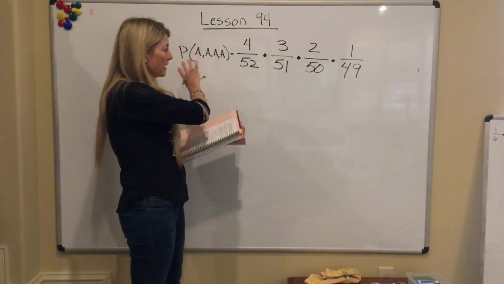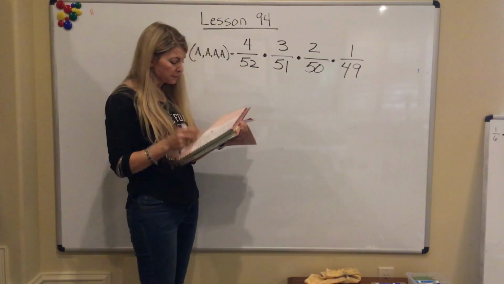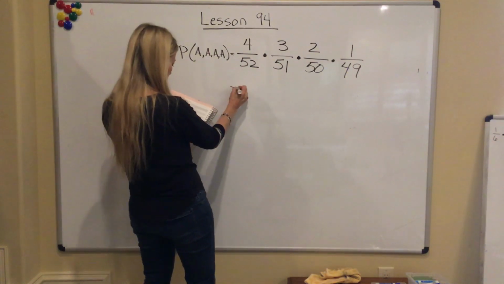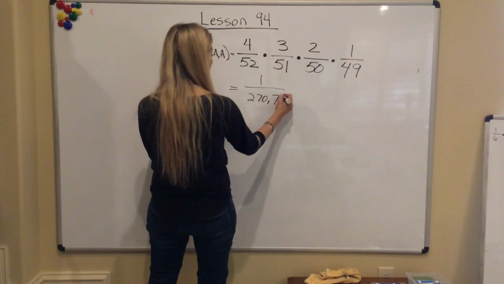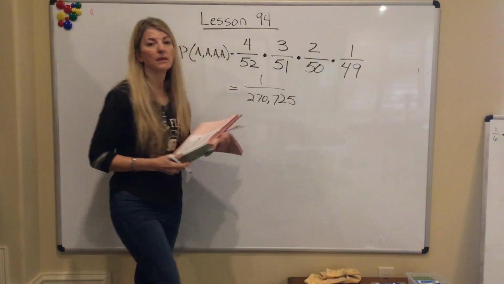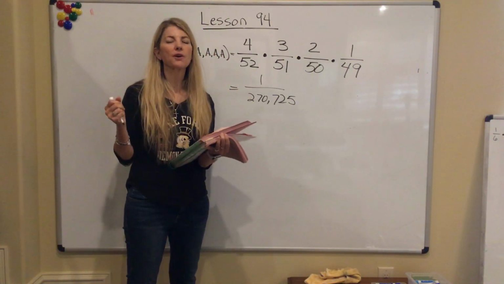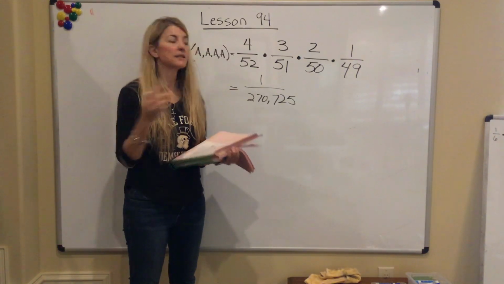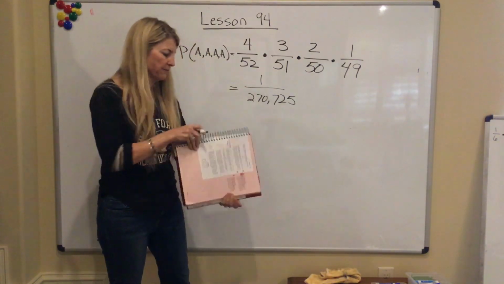So this is the calculation that you would have to do. If you do this, the answer comes out to be 1 out of 270,725. I think we can all agree it would be very unlikely if you just randomly drew 4 cards out of a deck that they would be the 4 aces. But this is the actual probability of that event.